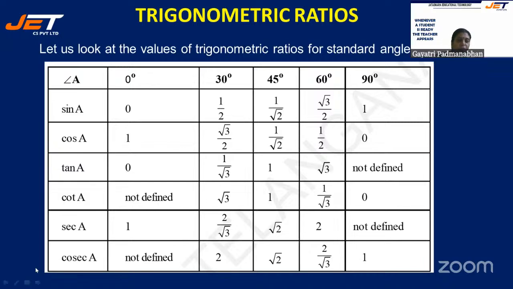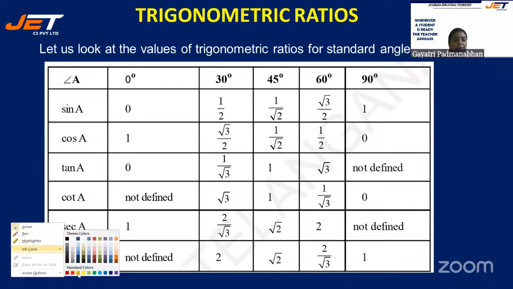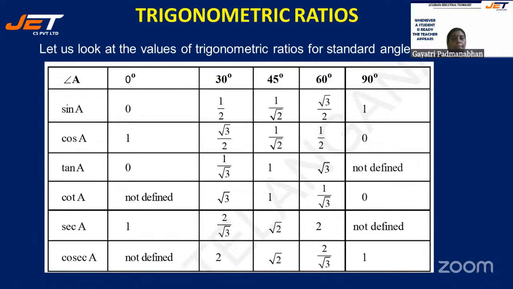Now I'll teach you a very simple method of learning this table. Sine 0 degrees is 0, sine 30 is half, sine 45 is 1 by root 2, sine 60 is root 3 by 2, sine 90 is 1. First you should write sine theta, cos theta, tan theta.